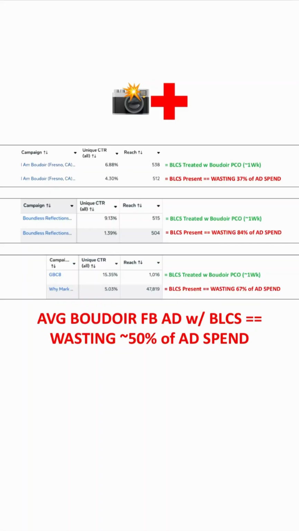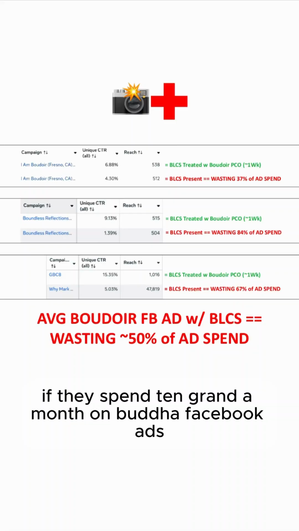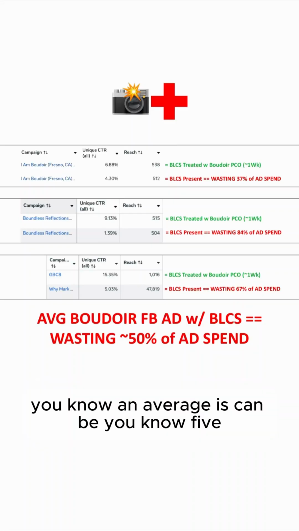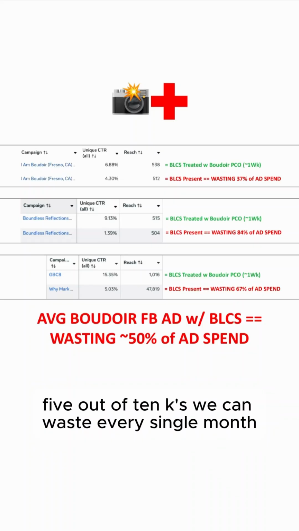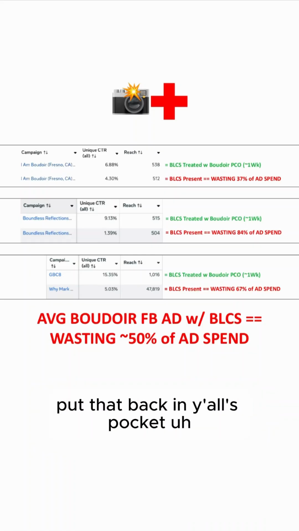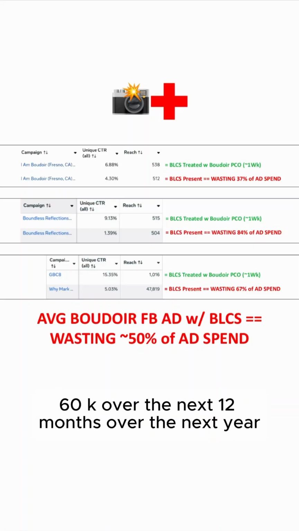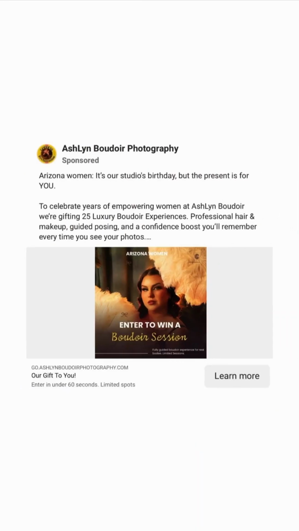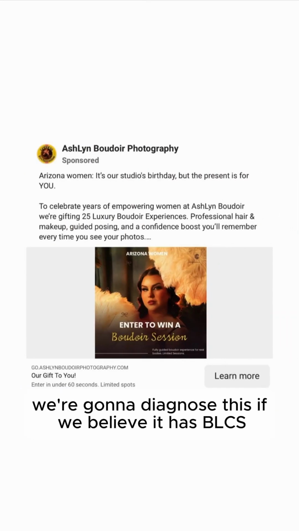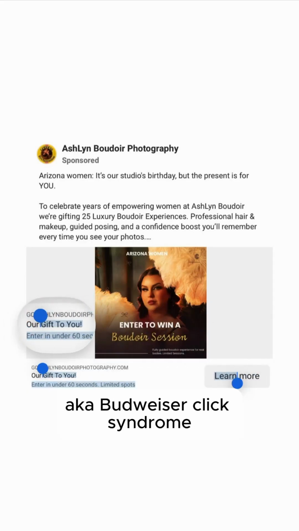So if they're spending 10 grand a month on Boudoir Facebook ads, on average, five out of 10K is being wasted every single month. And we can eliminate that, put that back in y'all's pocket, approximately 60K over the next year.